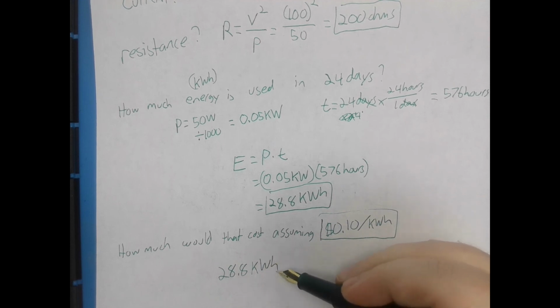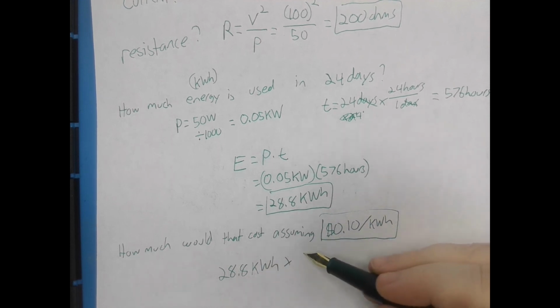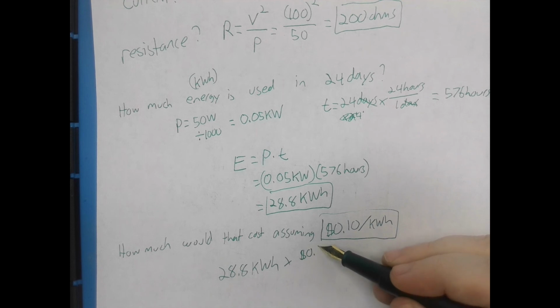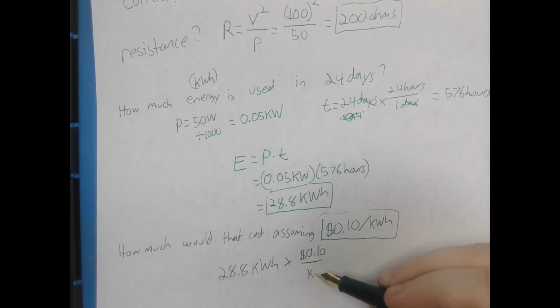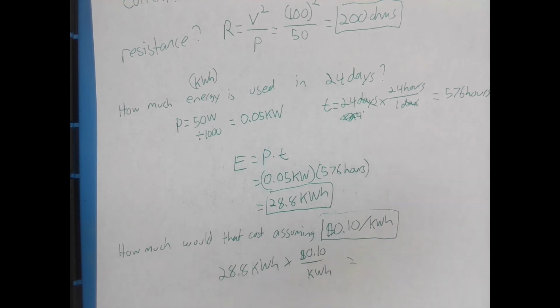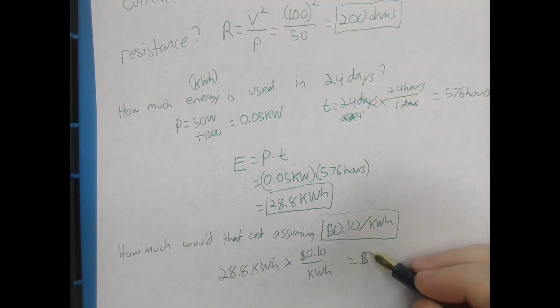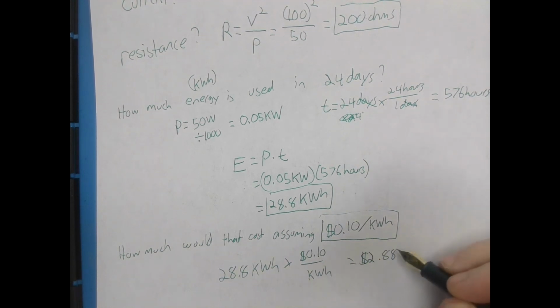We take our total energy and multiply it with the ratio of 10 cents per kilowatt hour. And we get $2.88.